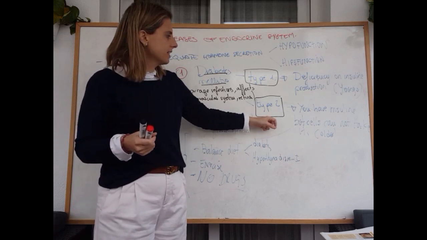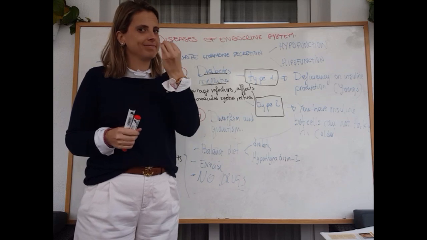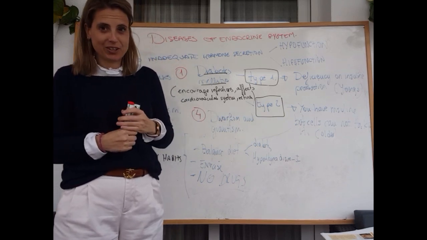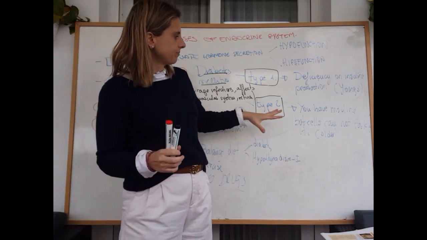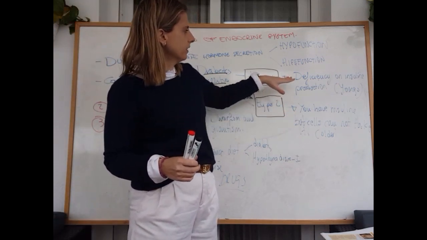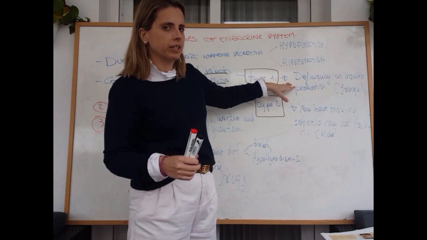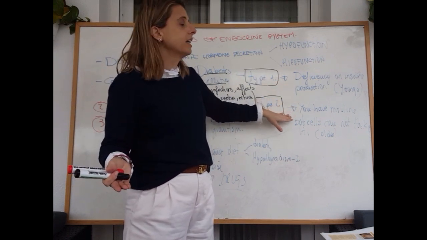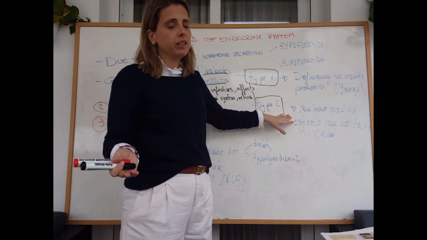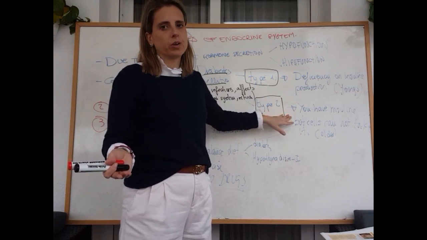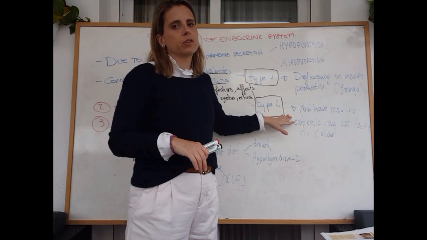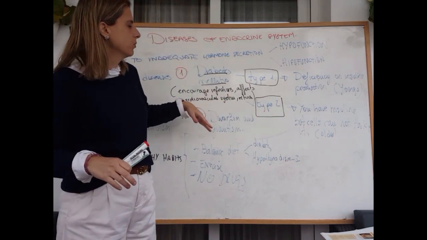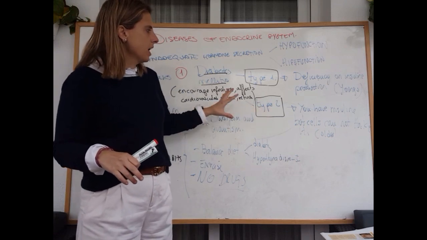Usually this disease is quite related to the way that we eat. Too much sugar is not very good. So here, in type 1, the insulin is not produced by the pancreas. And here you do have insulin, but it's not going to work. The cells are not able to receive this insulin, and it is not going to remove sugar from the blood.